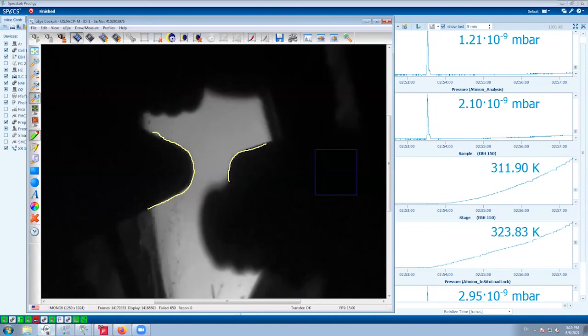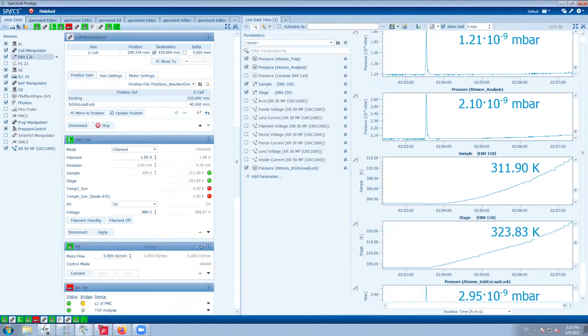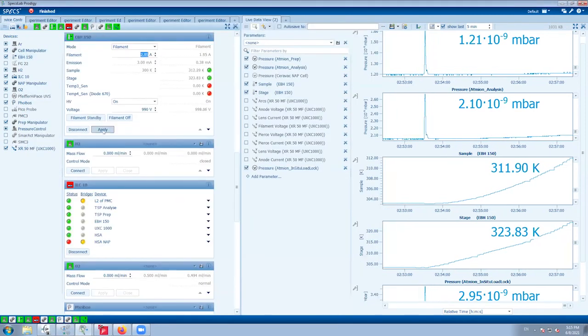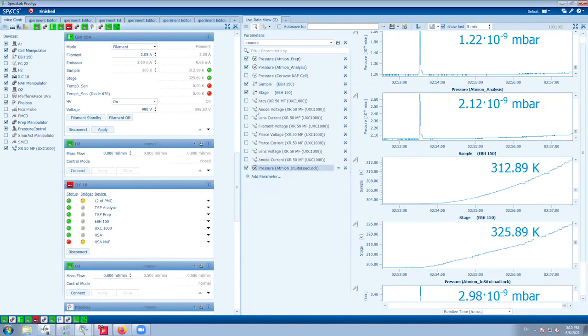For example, oxygen from some oxide, from some adsorbate, and from water contaminations and other carbonaceous contaminations. So this is like this.